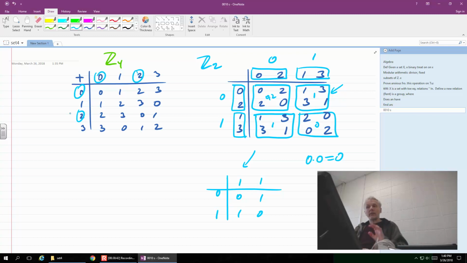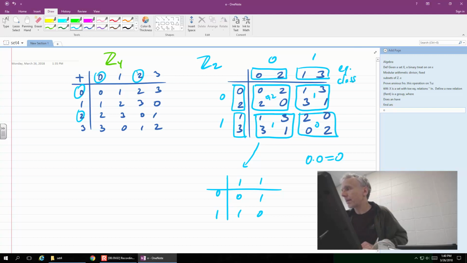You cannot say it is a subgroup, because this Z2 is not a subset of our group, but rather it is a subset of what? Of the set of subsets, I guess would be a fair way to put it. So this is once again the quotient construction or equivalence. So these are equivalence classes.